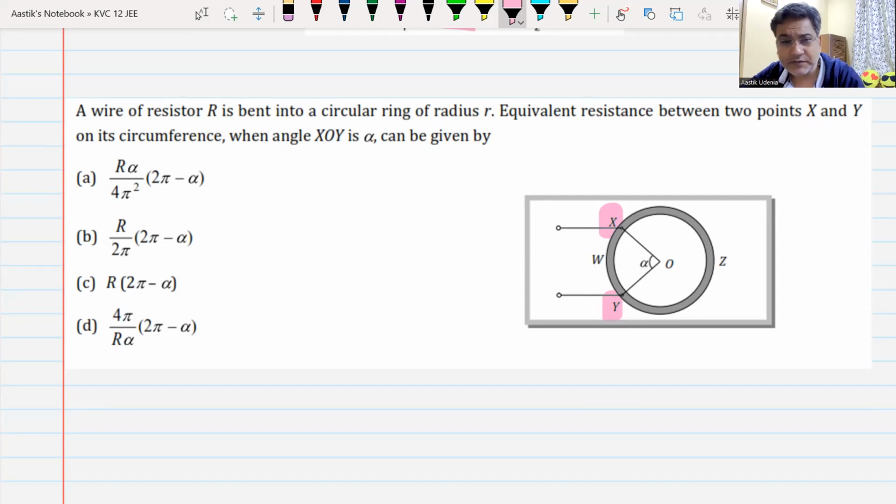How many resistances do you see between X and Y? Do you see any resistance between X and Y? Yes or no?